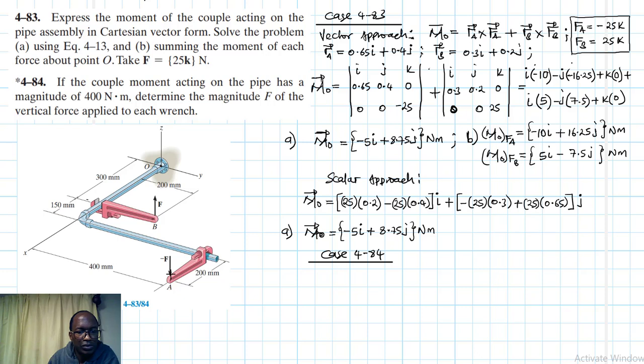This is where we just do the direct multiplication of the distance, because the distance between these two couple forces is perpendicular to both these forces, so we can multiply directly. And we know the distances for this. We know this information here.